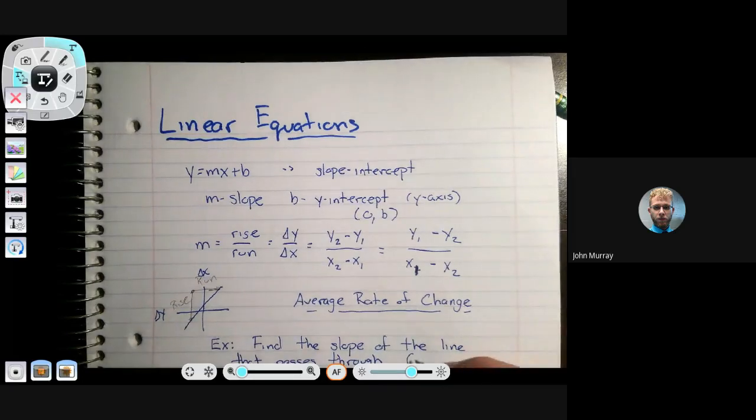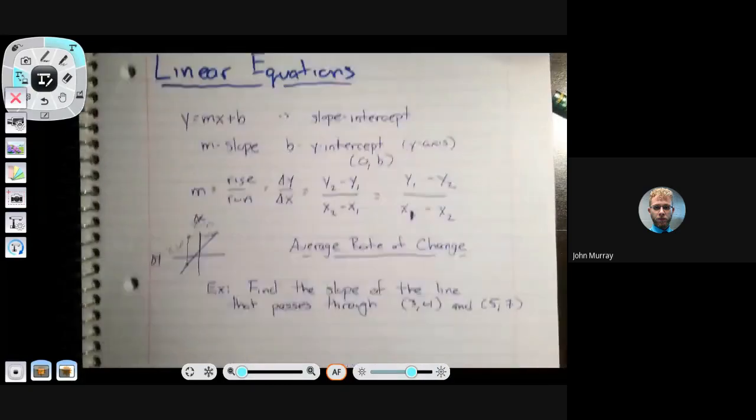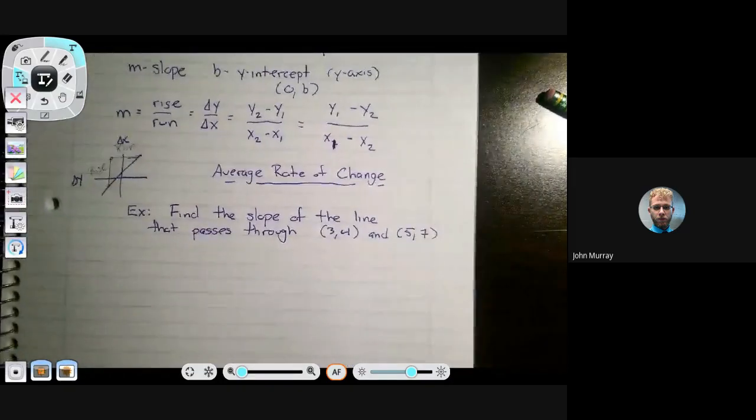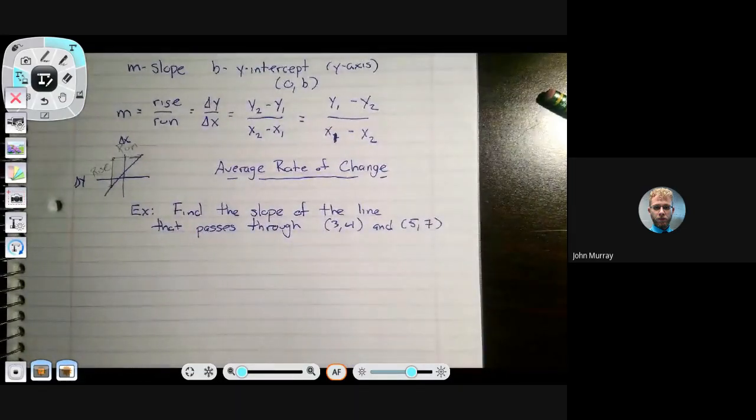I want you to find the slope of the line that passes through 3, 4, and 5, 7. So take a minute, find the slope of the line that passes through 3, 4, and 5, 7.